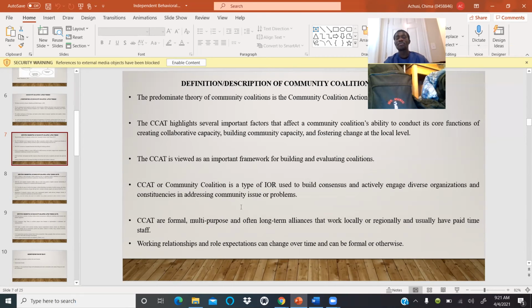A community coalition is a type of IOR used to build consensus and actively engage diverse organizations and constituencies in addressing community issues or problems. Coalitions are formal, multi-purpose, and often long-term alliances that work locally or regionally and usually have paid full-time staff. Working relationships and role expectations can change over time and can be formal or otherwise.